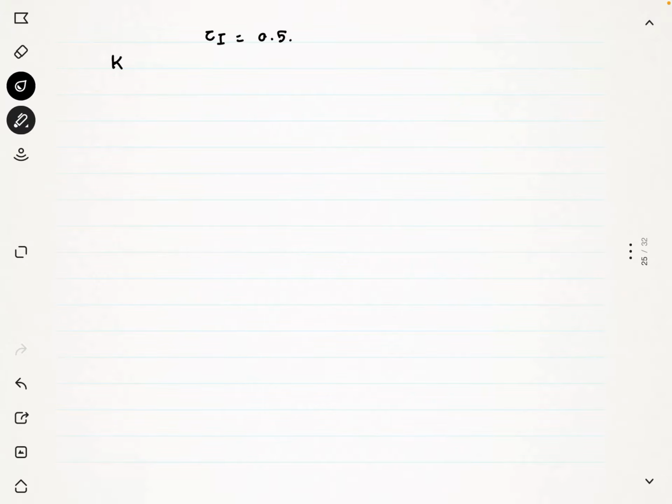So the PI transfer function in this case will be Kc into 1 plus 1 by 0.5 into S. In the first subdivision, we used the direct synthesis formula to compute the Kc, but in this case, we don't know the Kc. So we'll just keep it like that.